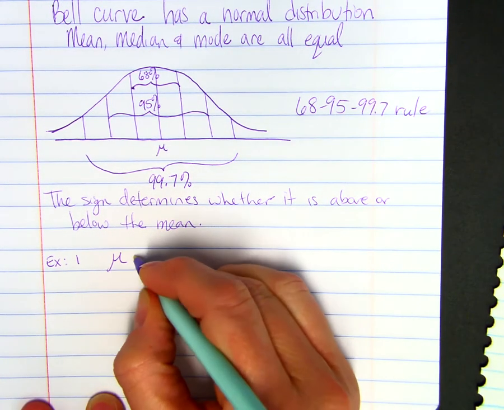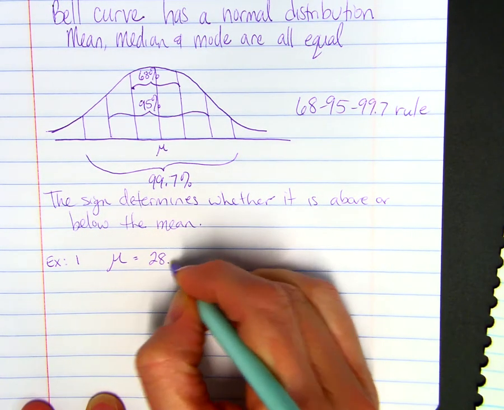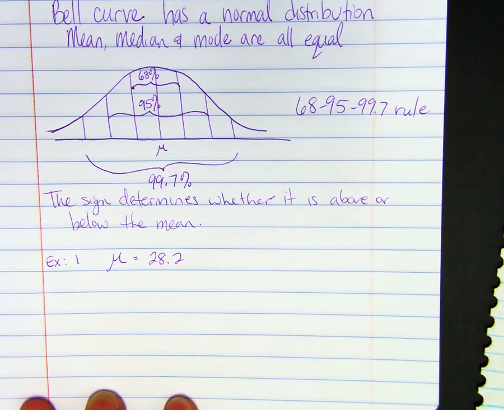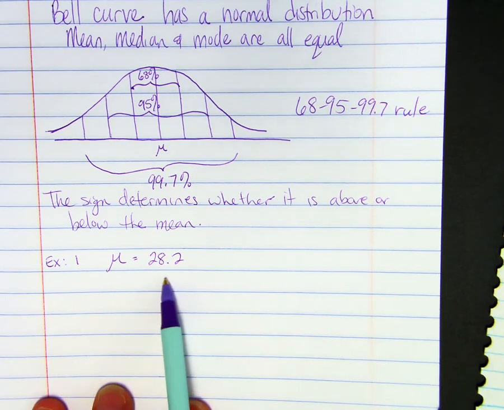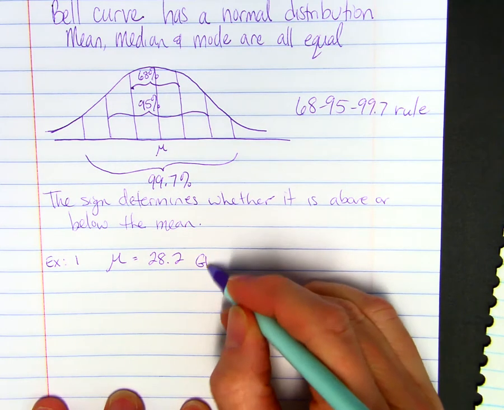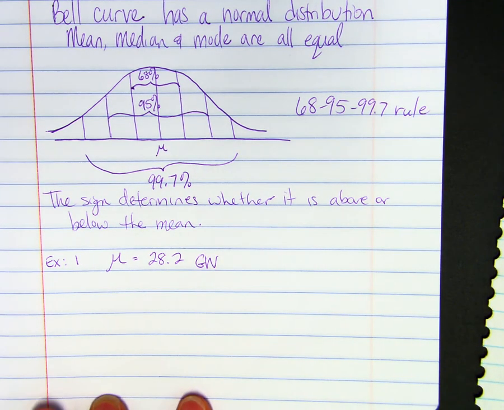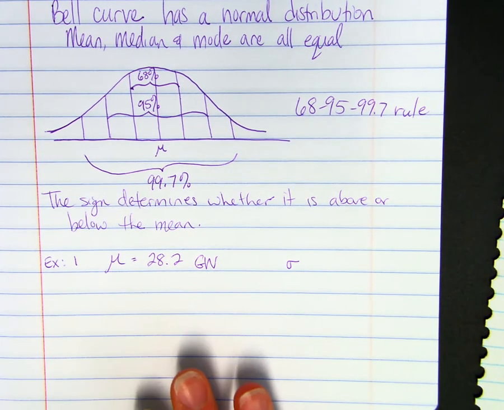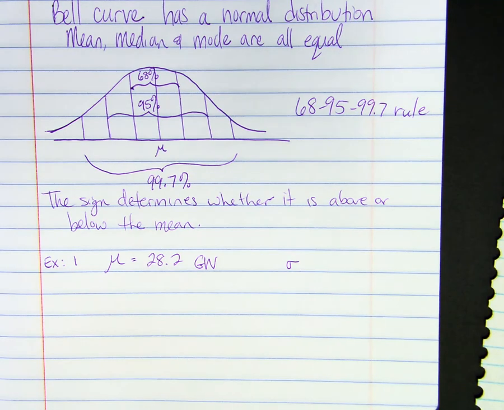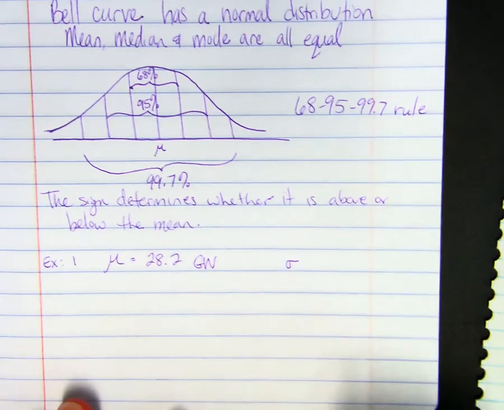So if we have mu is 28.2, this example talks about gigawatts. A laser beam power is normally distributed with a mean of 28.2 gigawatts and a standard deviation of 0.7 gigawatts. We write standard deviation using the sigma sign.